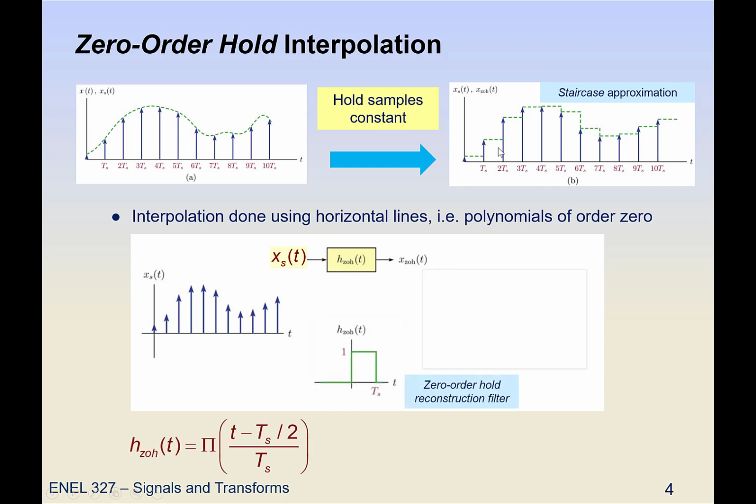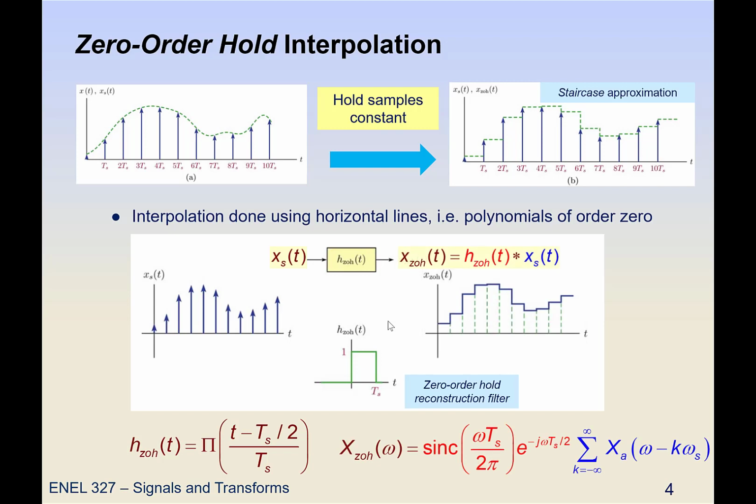So the impulse response of the zero order hold filter is a pulse of width Ts. I've shown that graphically here, and that's called the zero order hold reconstruction filter. It's the simplest reconstruction filter we could use.